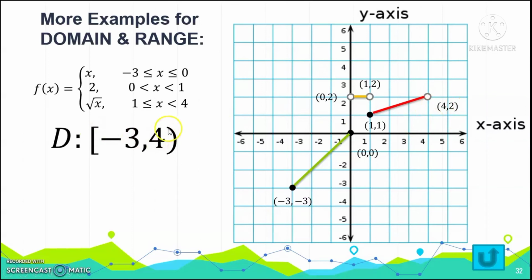And we use a close parenthesis since our dot here is open, which means it is excluded. And our range here starts at -3 since our lowest possible value of y is -3. And we use the bracket.